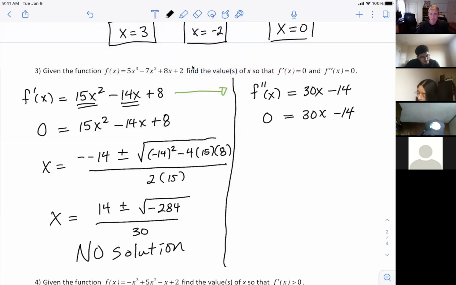And then this one does have a solution. I think I'll subtract 30x from both sides. And then divide by negative 30, and the negatives will cancel. So 14 over 30. Or if I reduce that, divide by 2, divide by 2. So 7/15.